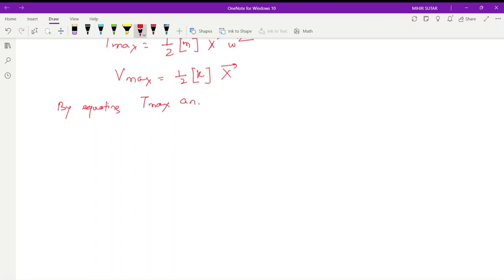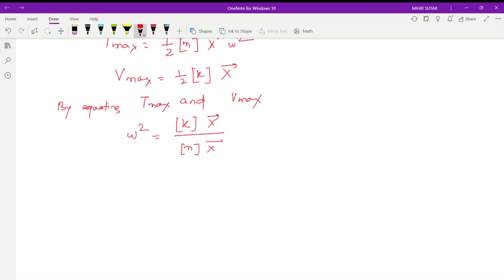Okay, by equating T max and V max, we have omega square will be k into x divided by m into x.